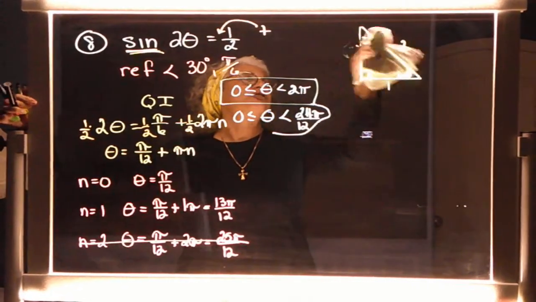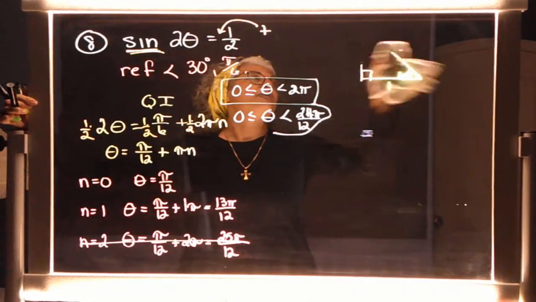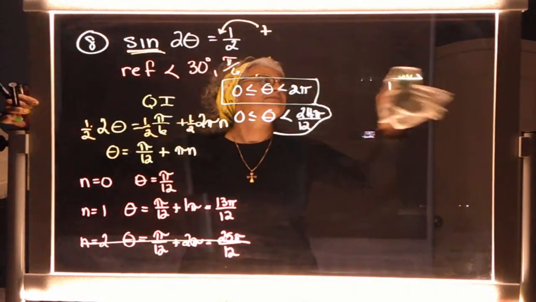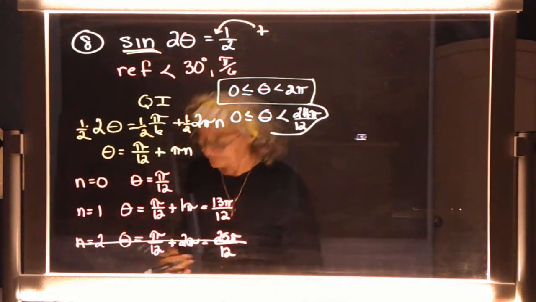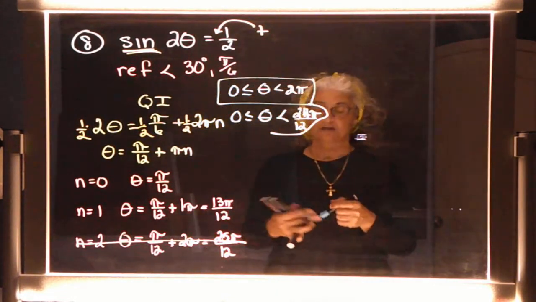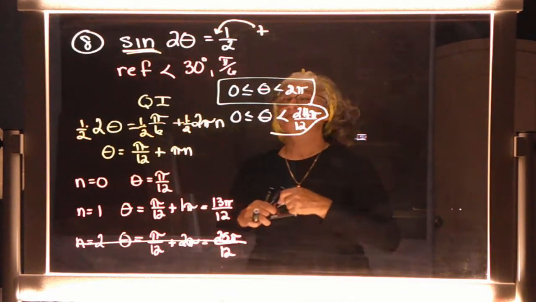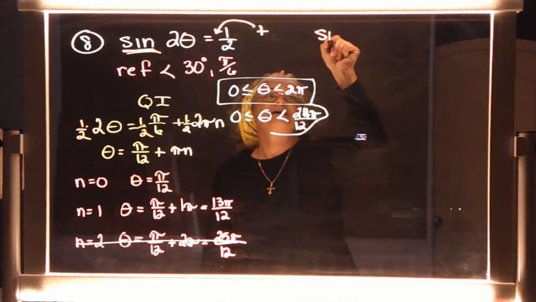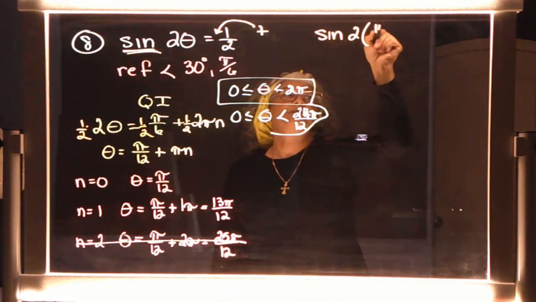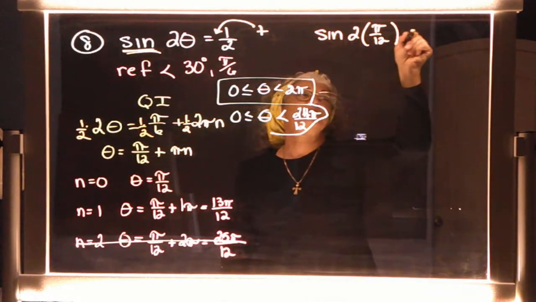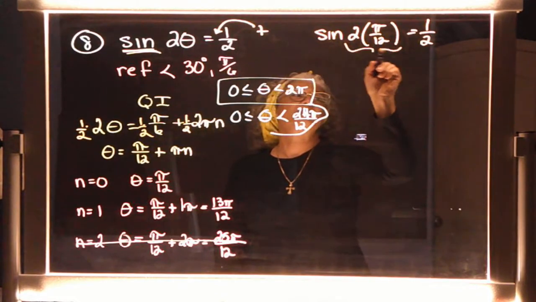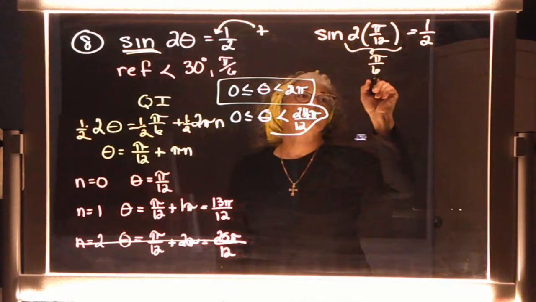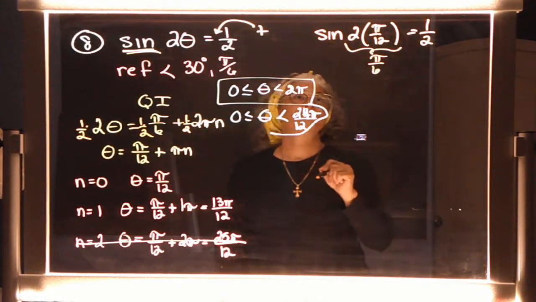Actually, let me erase this triangle because that would probably be better. All right. Sine of 2 times pi over 12 is supposed to be 1/2. When I multiply these two together, I get pi over 6, don't I? Good.